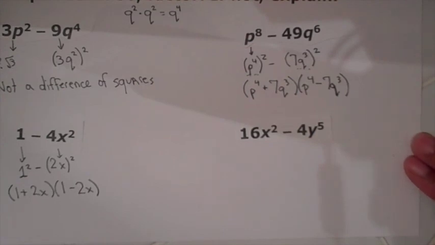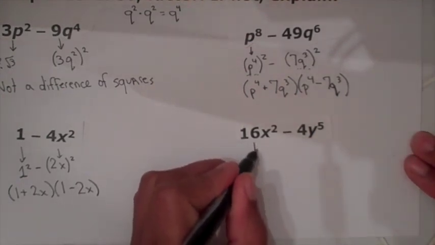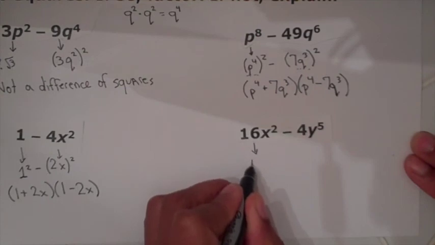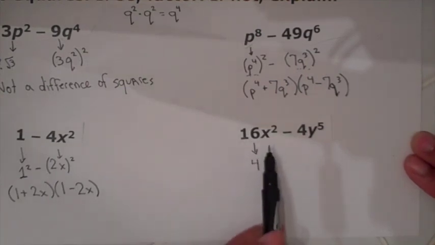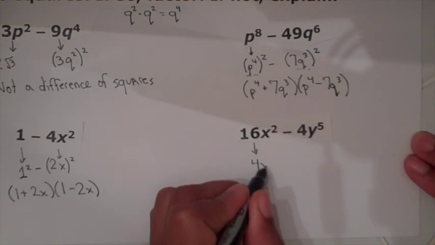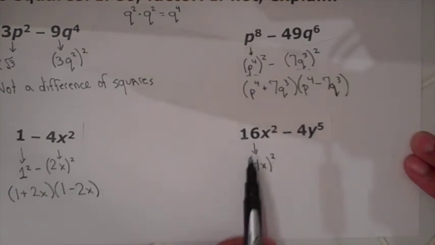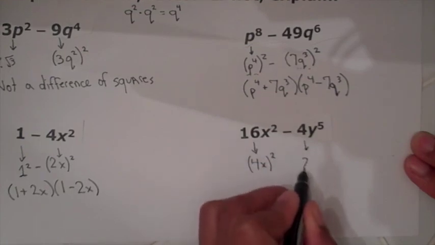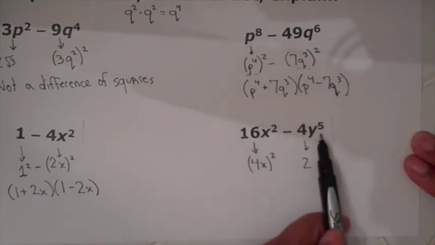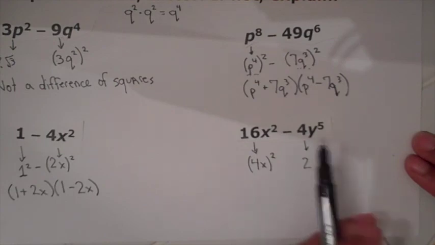Let's look at the next one. The square root of 16 is 4. And what times what gives me x squared? x. So 4x quantity squared will give me 16 times x squared. Okay, what times what gives me 4? That's 2. What times what gives me 5? Well, 5 is 1 times 5, but I cannot break it down into 2 equal things that are multiplying to 5.